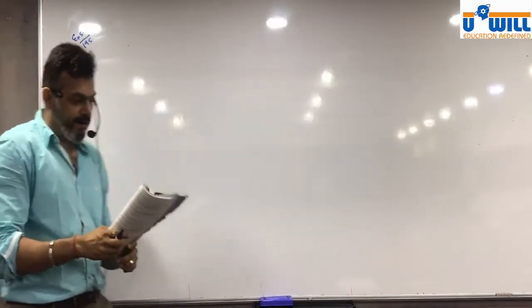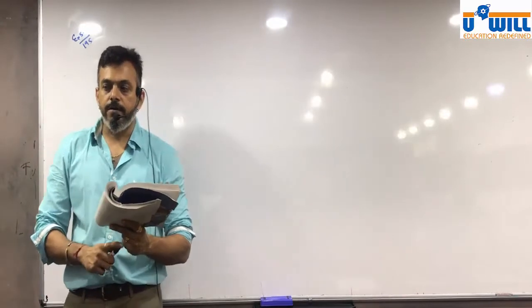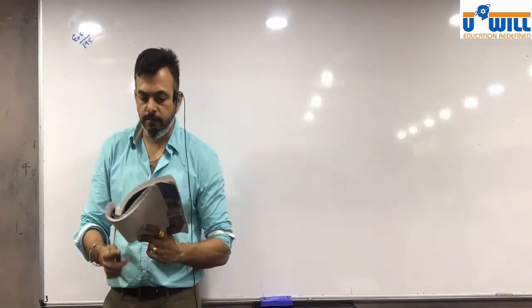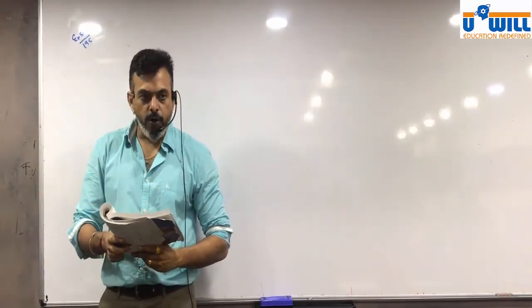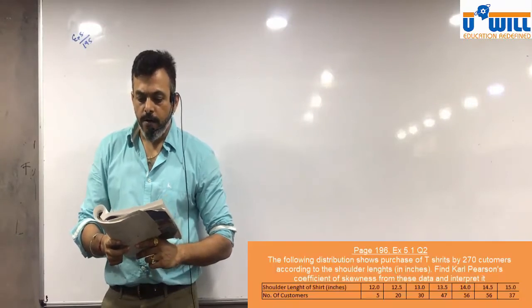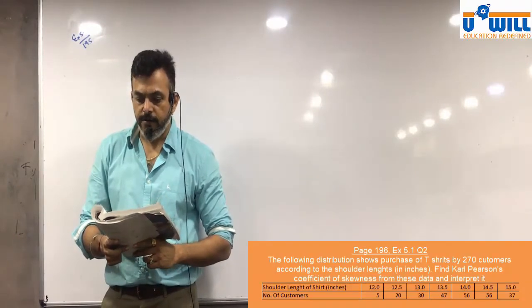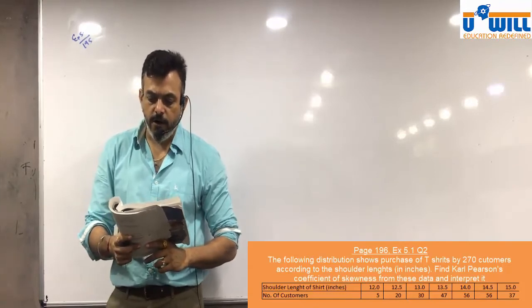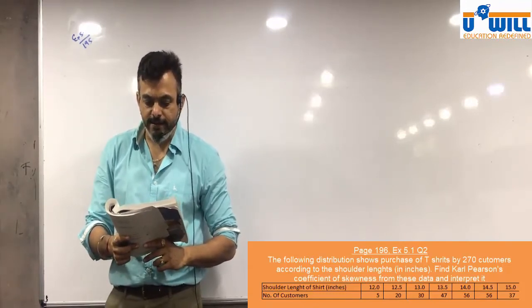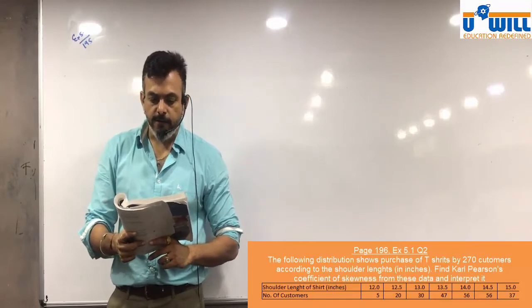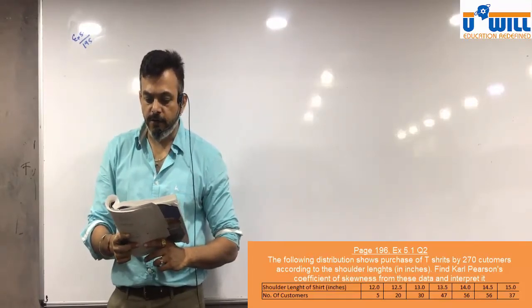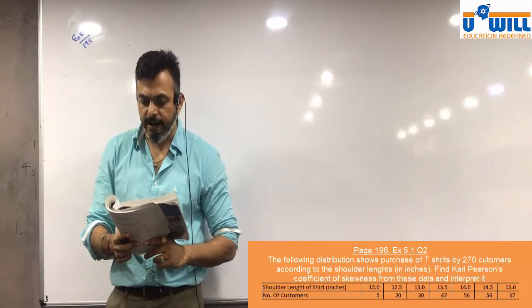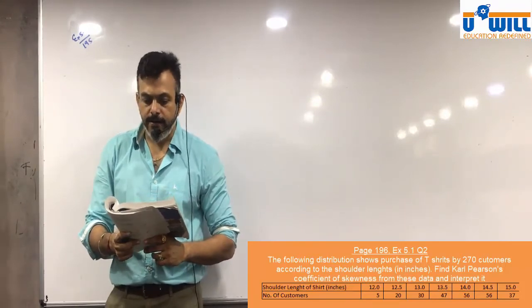Page number 196. Question number 2. The following distribution shows the purchase of T-shirts by 270 customers according to shoulder length in inches. Find the Karl Pearson coefficient of skewness from these data and interpret it.